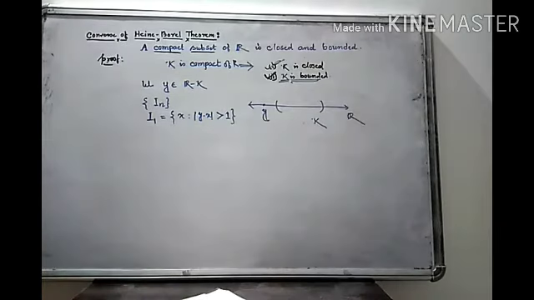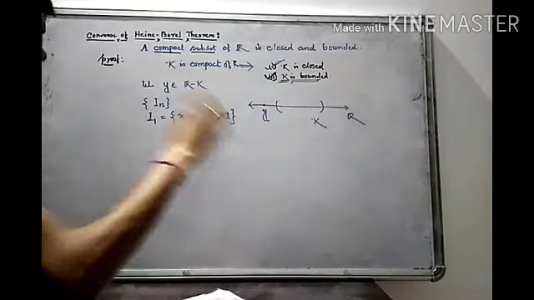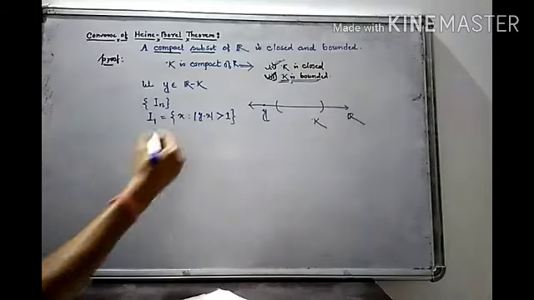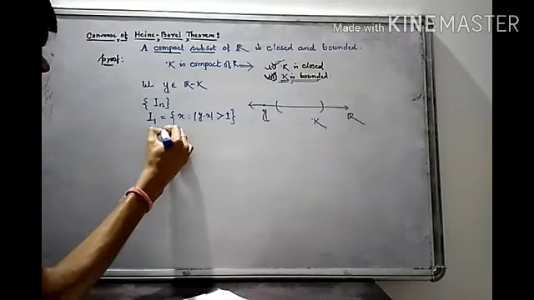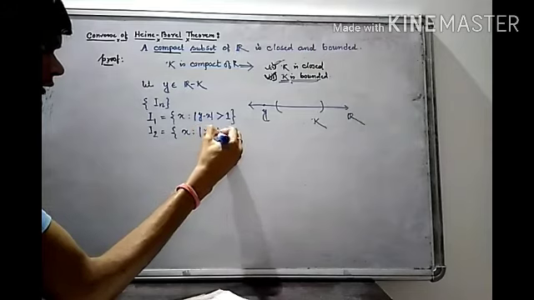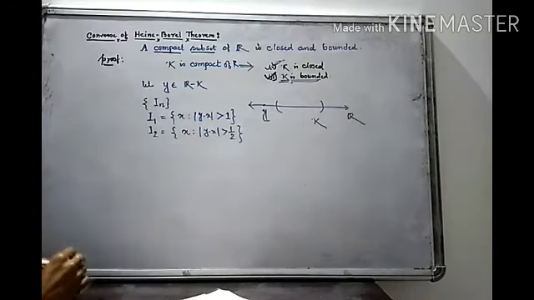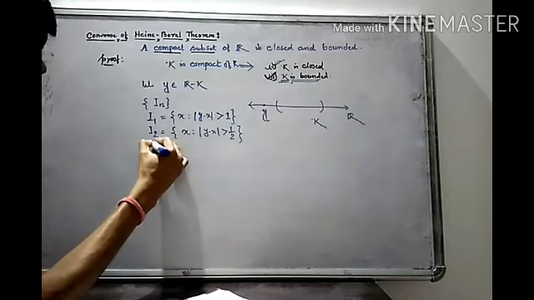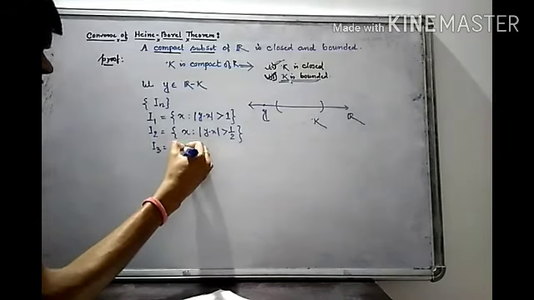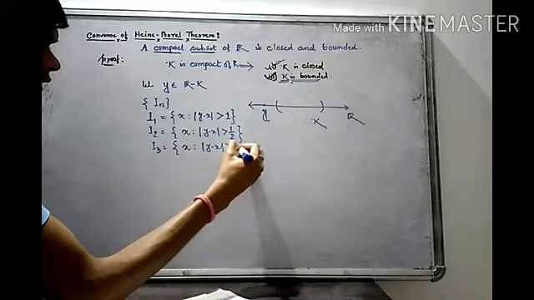That means we have to take all those x whose distance from y is strictly greater than 1. I2 is the set of all x such that mod of y minus x is strictly greater than half. Next, similarly I3 is the set of all x such that mod of y minus x is strictly greater than 1 by 3.